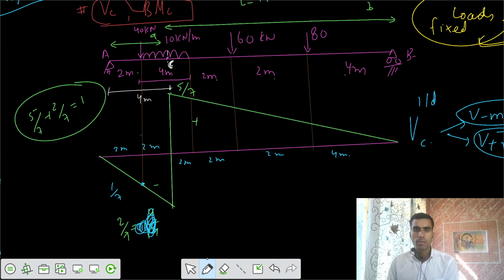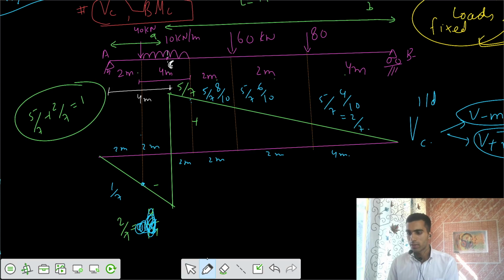And this is 5 by 7 for the length of 10 meter. For the length of 8 meter, this part would be 5 by 7 times 8 by 10, and this one would be 5 by 7 times 6 by 10, and this 5 by 7 times 4 by 10. That gives these ordinates: 2 by 7.